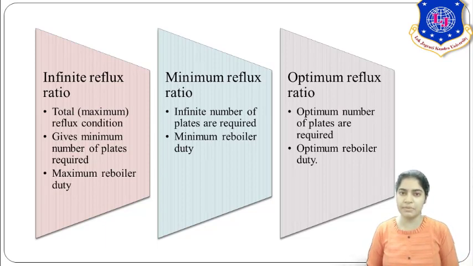It gives you the minimum number of plates required for the desired degree of separation, and the reboiler duty is maximum for this ratio. The second one is minimum reflux. Here an infinite number of plates are required to achieve the desired degree of separation, whereas the reboiler duty is minimum. The optimum reflux ratio operates at the optimum condition, where economic aspects are also taken into account.